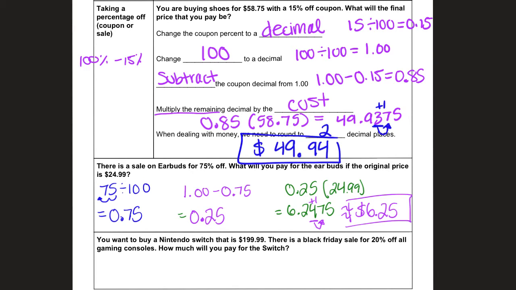Okay, last one, same thing. You want to buy a Nintendo Switch that is $199.99. There's a Black Friday sale for 20% off all gaming consoles. How much will you pay for it? Okay, so take a second and see if you can do the first step on your own.